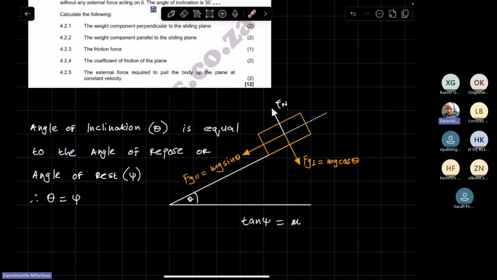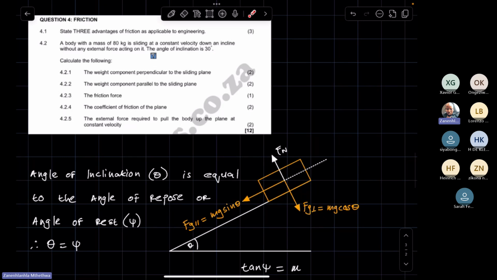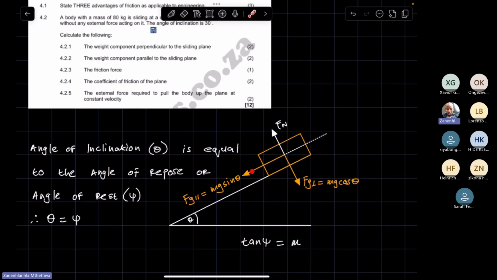Because it helps just in case you have to calculate the coefficient of friction. Right, knowing that the angle you have is the angle of repose, you can simply use this relationship to calculate your coefficient of friction. Once it is established that the object is moving down the incline on its own, the angle of inclination is essentially equal to the angle of repose.